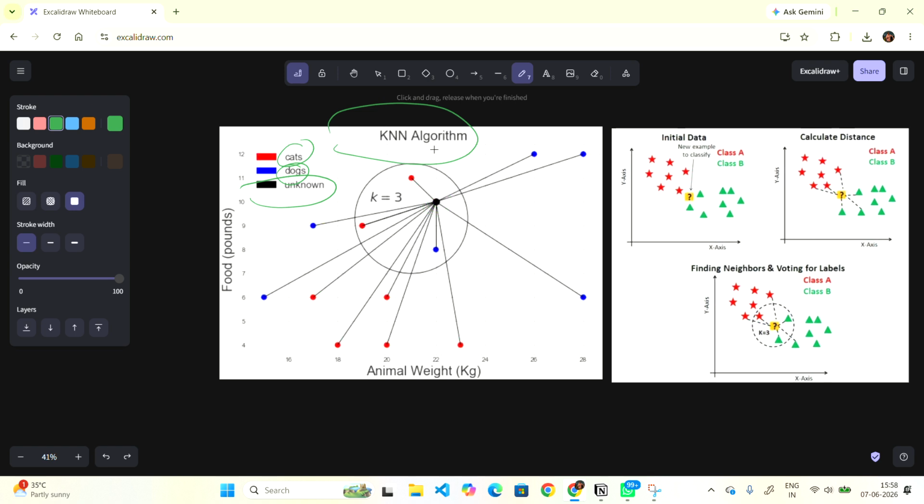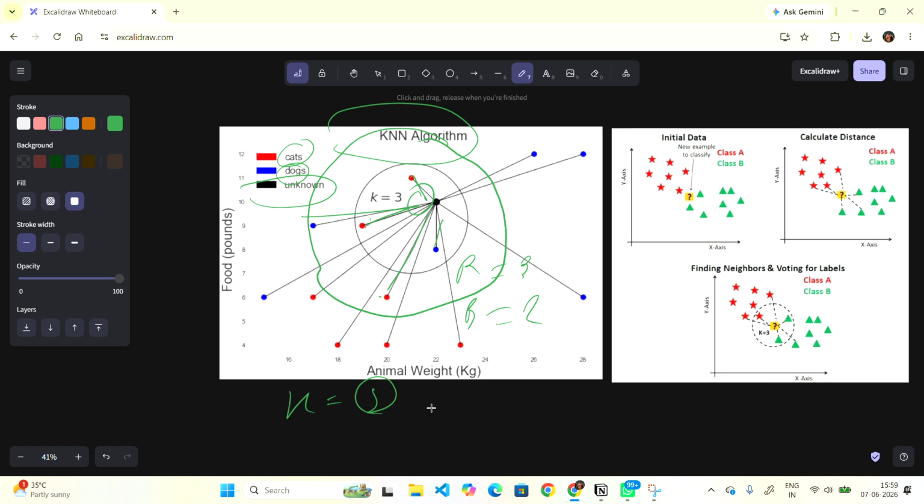Now, suppose I take the circle in a different form, like this. Suppose this is my data, and suppose this is my circle. Now, not this circle, I want to talk about this circle. In this circle, how many reds are there? 1, 2, 3. Red is 3. Blue is 2. k equals 5 because the new data is placed with 1, 2, 3, 4, and 5 data points.